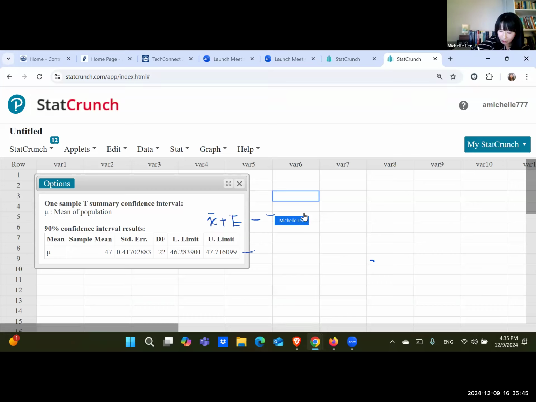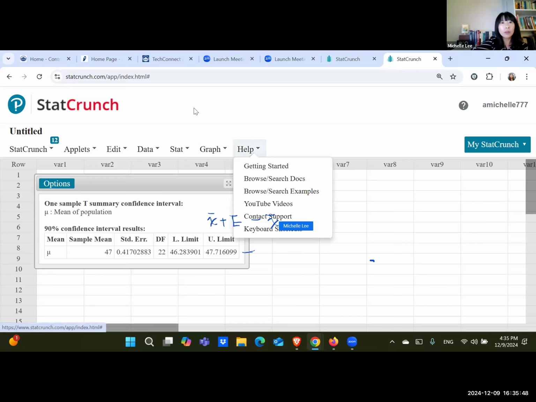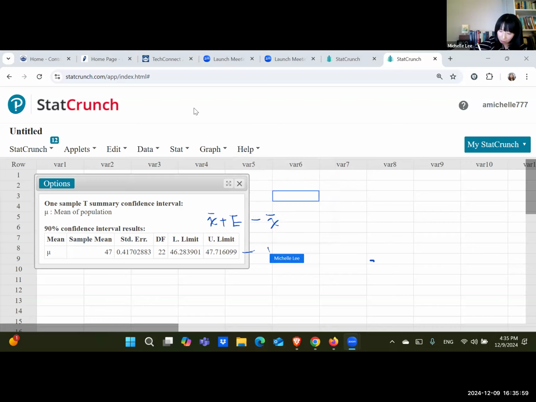So we take out the X bar, and then the direct message said 0.72. Excellent. So X bar is 47, then we get 0.72. That is the margin of error. Okay. 0.72. Two decimal places.